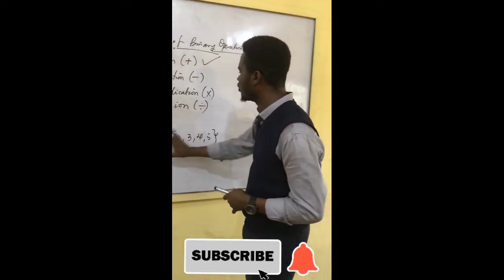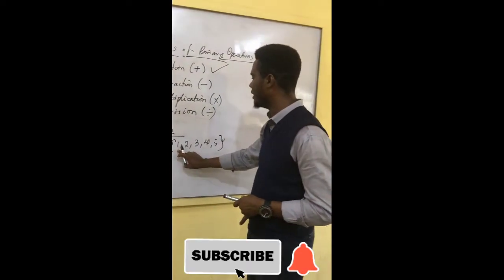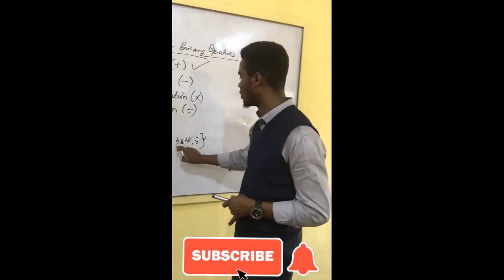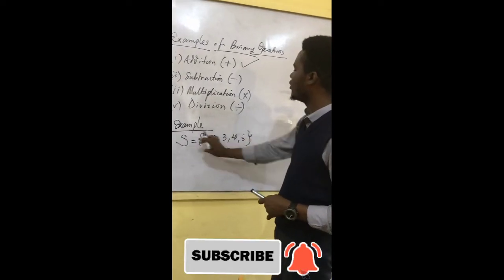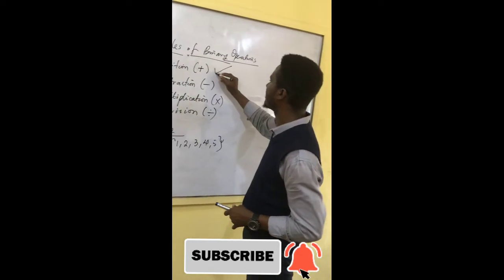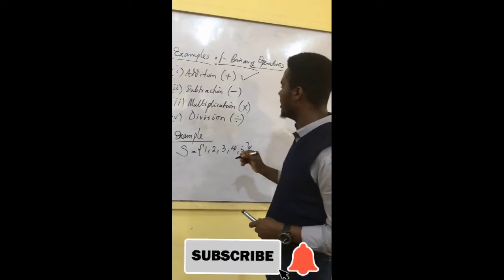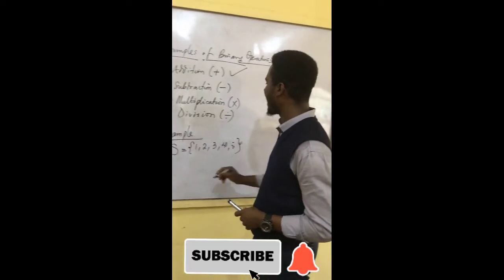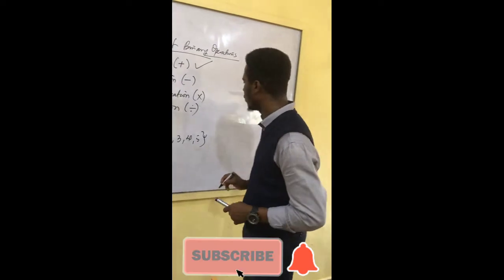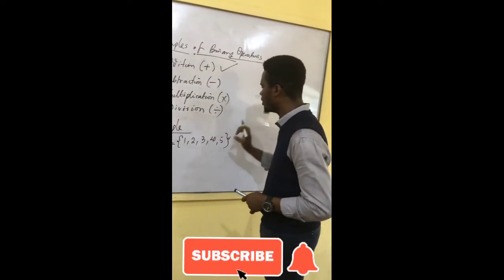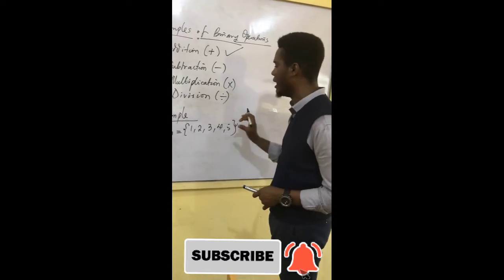Clearly this set is non-empty because it contains elements, in this particular case 1, 2, 3, 4, and 5. If I pick this set, you will notice that I can define on this set the binary operations addition, subtraction, multiplication, and division. Meaning that from this non-empty set, I can pick any two elements at random and add them. Okay? So a binary operation is a rule of combining two elements chosen at random from a non-empty set.